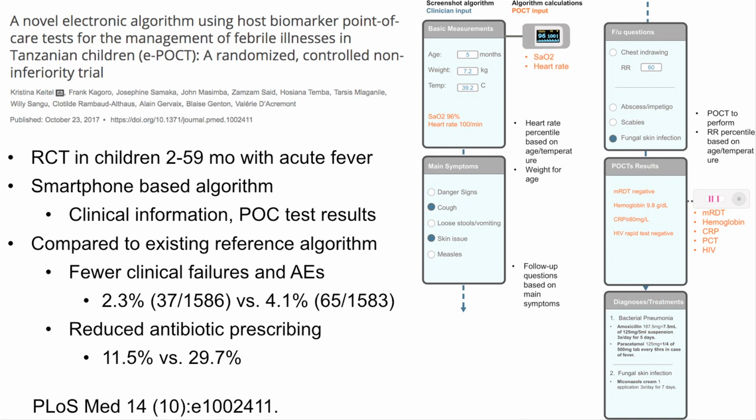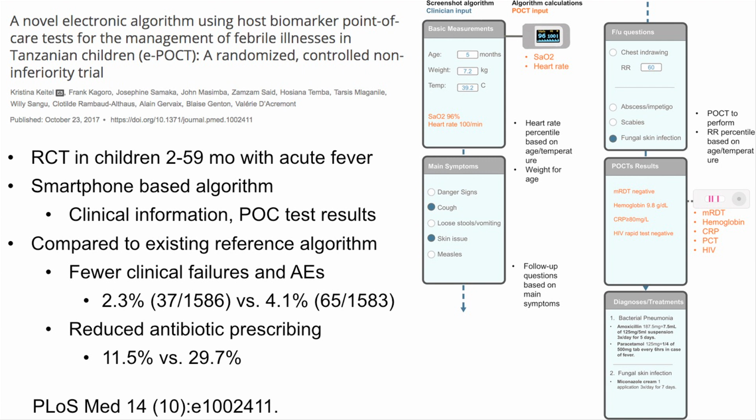This is a really great study, I thought, because it combines all the things I've been talking about: smartphone technology, rapid diagnostic point-of-care tests, in improving the management of febrile children, in this case in Tanzania. So you can see those smartphone photos there. They put clinical information in there.